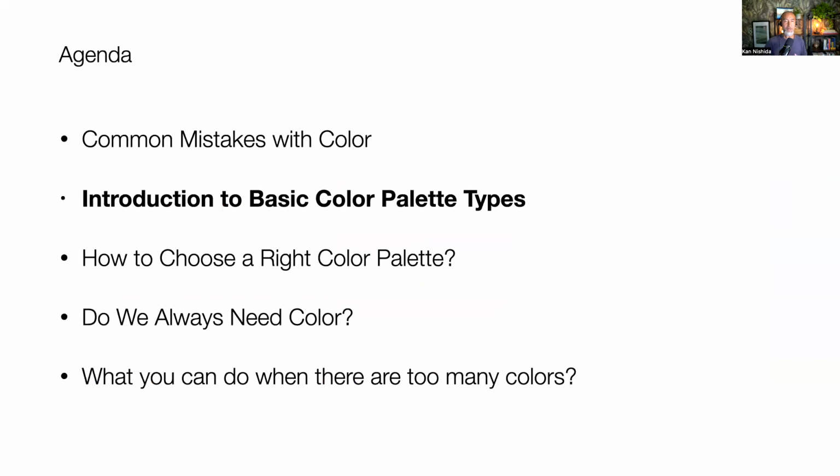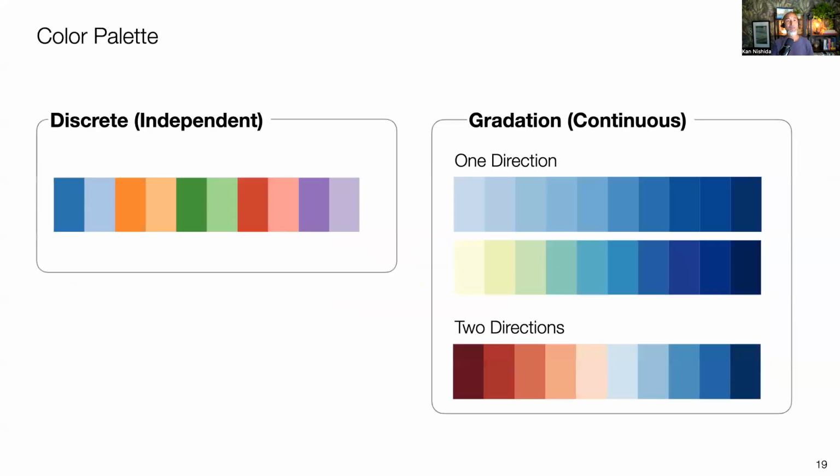Before getting into the color techniques, let's understand the basic color palettes. Mainly we have 2 types of color palette. Number one is discrete, or you could call it independent. Another one is gradation, which is more like continuous. It's the same type of color, but slightly different as you go to the next group.